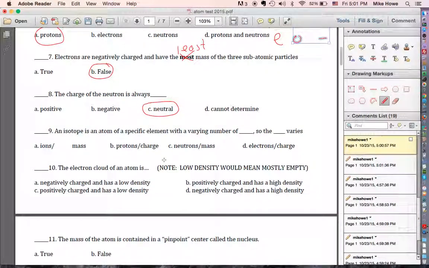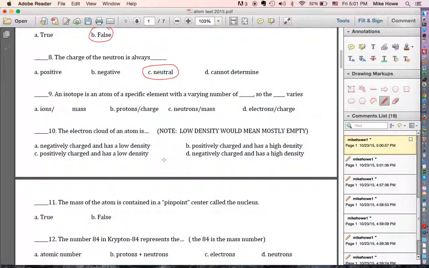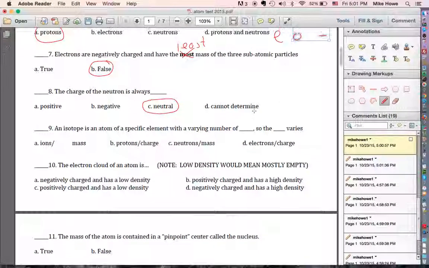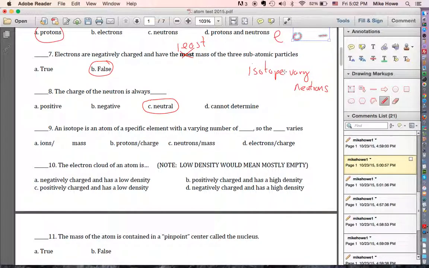Okay, number 9, isotopes. There are 2 words that we talked about in terms of being variations of atoms. One of them, isotope, has to do with varying neutrons. So in other words, different numbers of neutrons. So isotopes vary neutrons. The other is ions. And ions vary electrons.